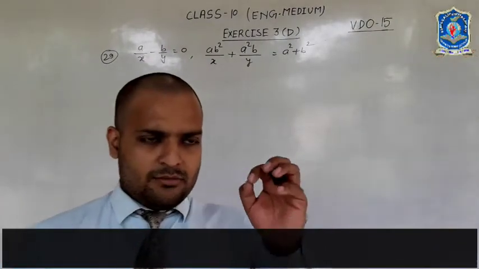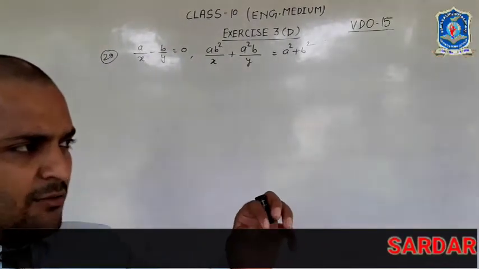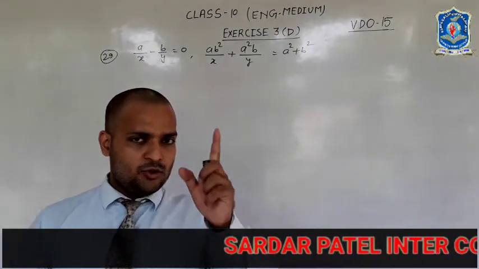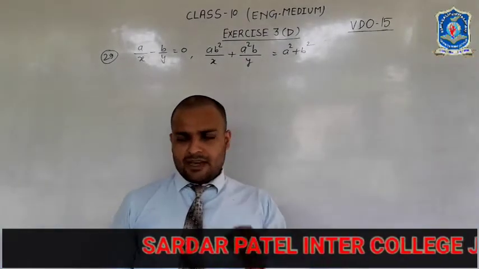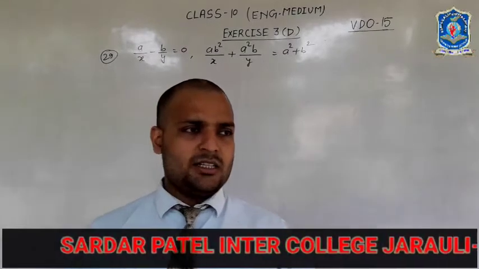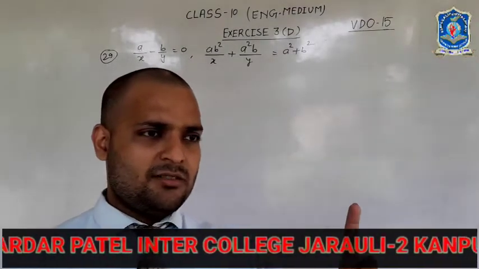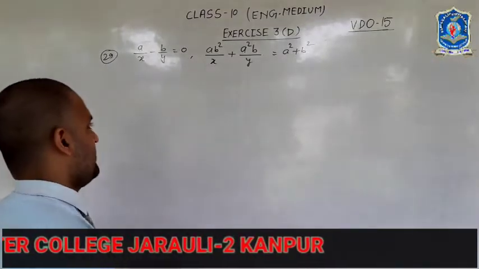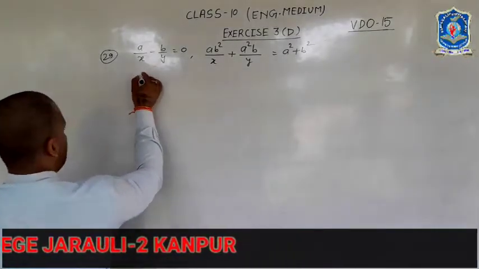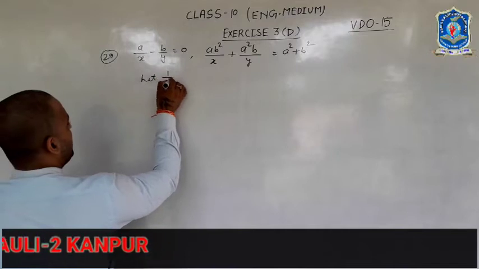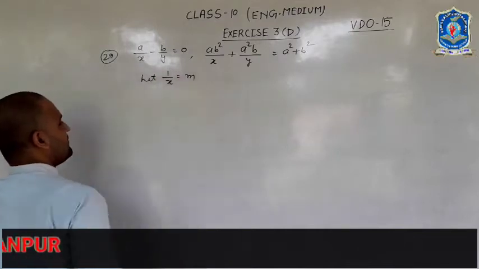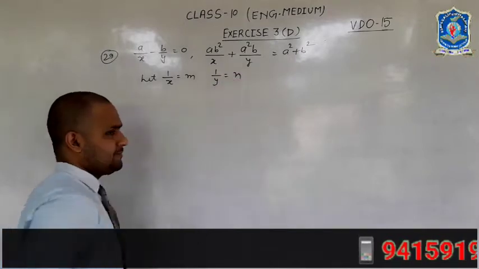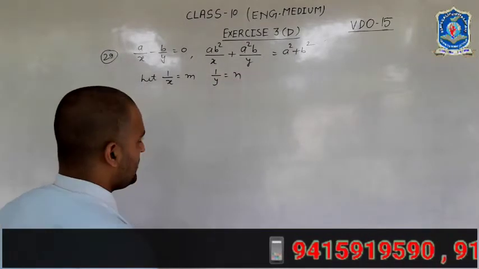Here is a problem. The problem is that our variables x and y are in the denominator, not in the numerator. Since x and y are in the denominator, as in the previous question, we should let 1 by x is equal to m and 1 upon y is equal to n.